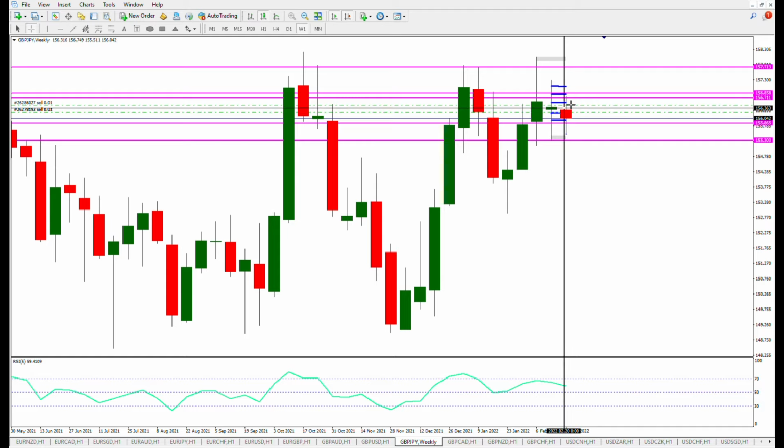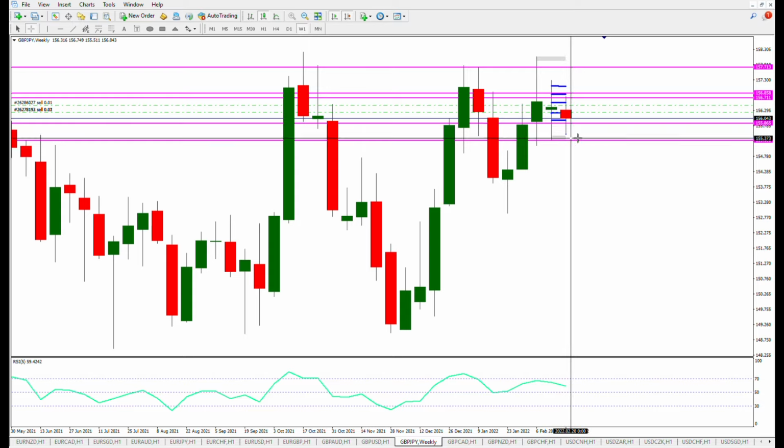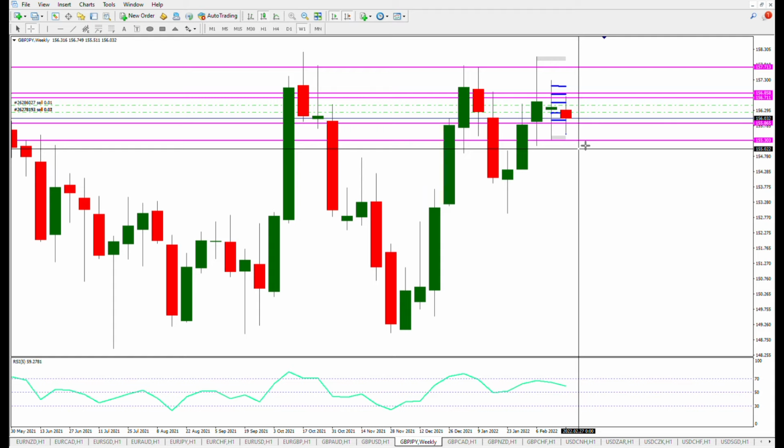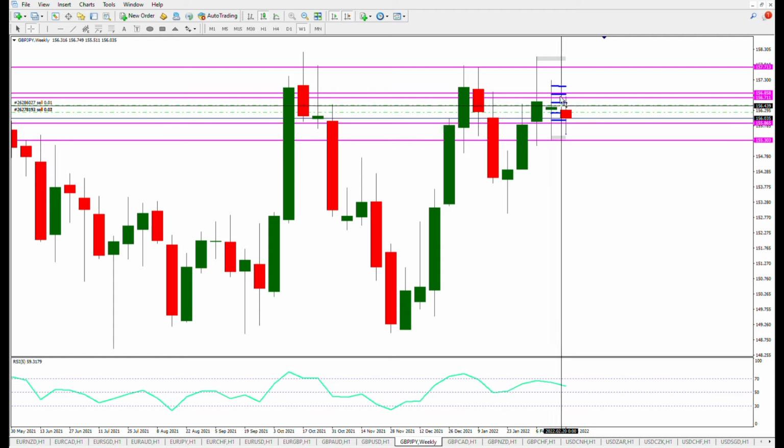There's no gap on the H1 or the smaller time frame, but on the H4 maybe it was a gap or a spread difference. So if it's a gap, then it's definitely going to go down for the remainder of the week. Maybe break somewhere until here, but if it's a spread difference, it's another story.